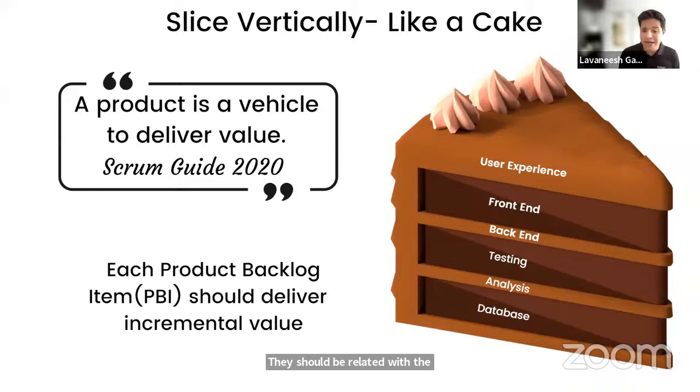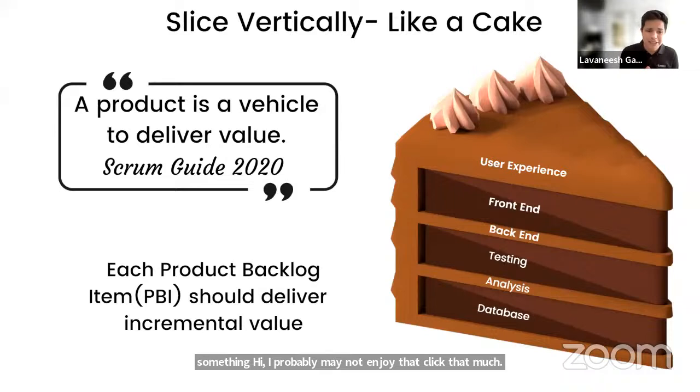Each product backlog item should be able to deliver incremental value and should have elements of multiple layers, very much like a cake. If I take a vertical slice of a cake, yes, I can enjoy the cake. But if I just eat the bread or cream or chocolate, I probably may not enjoy that cake that much. Maybe a few people can, but probably many of us will not.